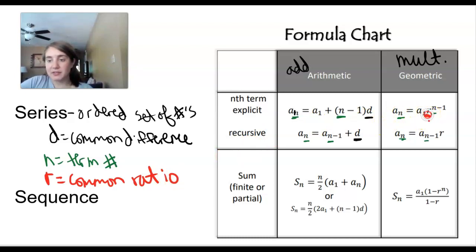So when I have something like this, R is referring to the number I'd multiply by. So you want to be adding these notes. The last thing we're going to add is this idea of an A1, which is common in both of them. A1 is just the first term.